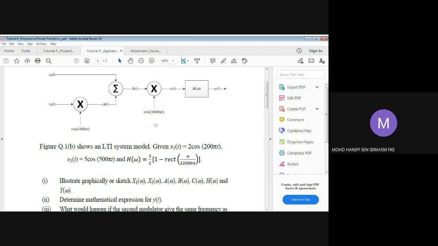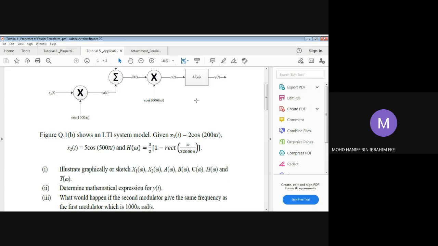Most of the time, these two topics, modulation and filter, exist together. Likewise, in this particular example, we have a modulation and we also have filters that exist together.